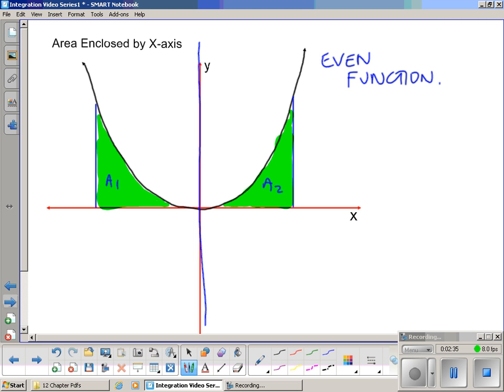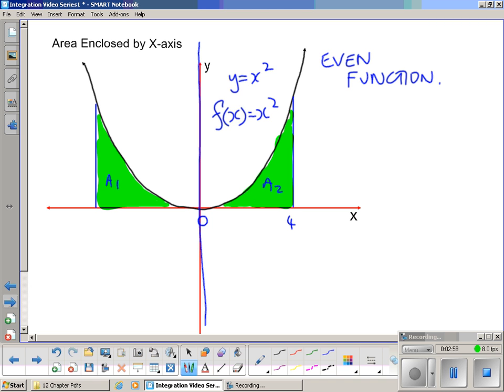So if we know it's an even function, and this might be something along the lines of y equals x squared, our function here, or another way of saying that, f of x equals x squared, what we know is if it's symmetrical, we can find just area 2 between, say, x equals 0 and x equals 4 there, and double it.